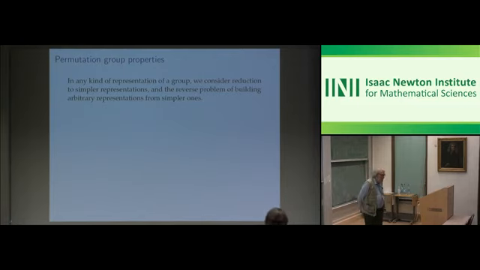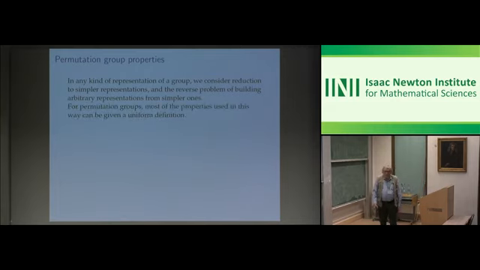We're interested in various properties of permutation groups, and I want to take, as far as possible, a uniform way to define permutation group properties. You see, in any kind of mathematics, we want to describe an arbitrary structure by somehow splitting it up into smaller ones, describing the smaller ones, and then understanding how they get put together to get the larger ones.